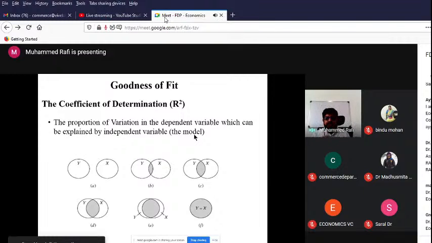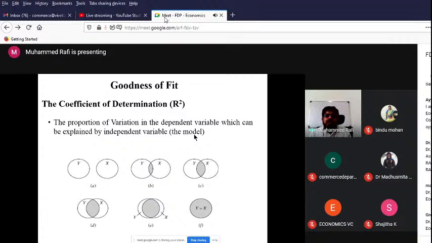You have 6 figures. In figure A, both of them are independent. But in case of B, you can see that the variation in y is being explained by this gray area. As you move from A to F, the variation in y which can be explained by variation in x is increasing. In the first one it is 0, and in the last one it is 1, so the change in y is completely explained by the variation in x.